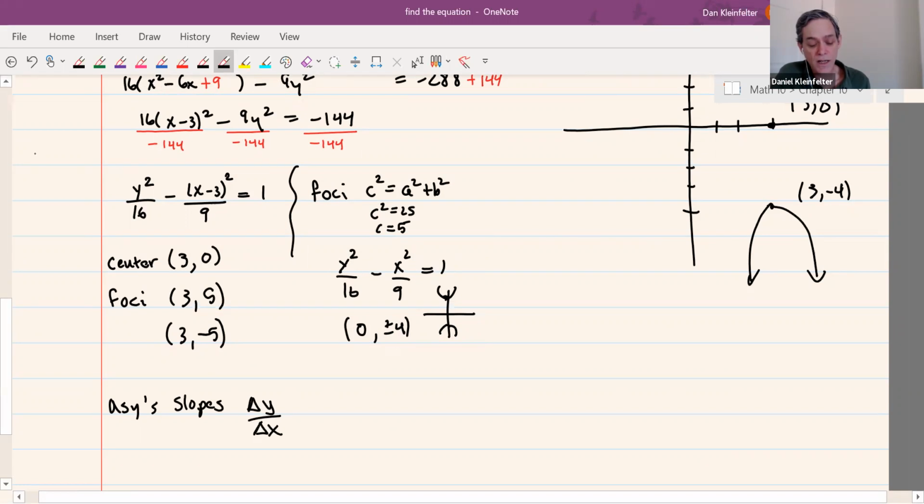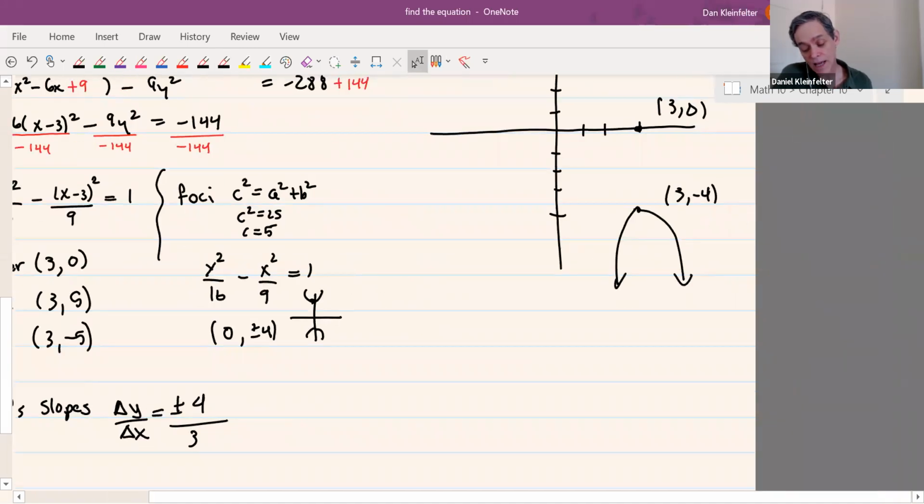Taking a look at our equation, the number underneath y is 16, square root of 16 is 4. And underneath x is 9, square root of 9 is 3. So the two asymptote slopes will be plus and minus 4/3.